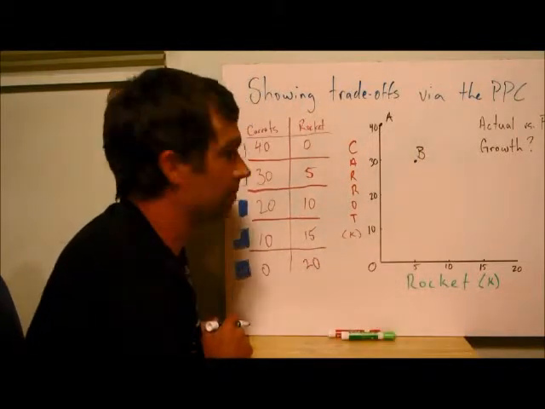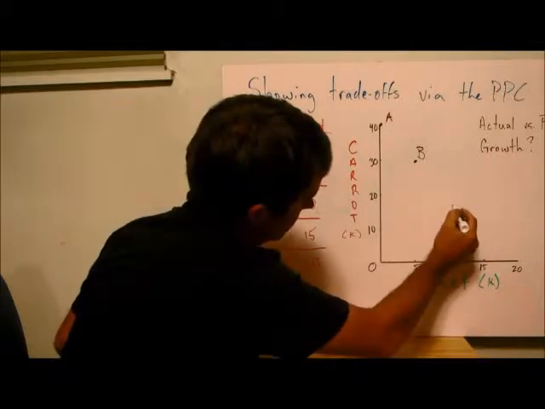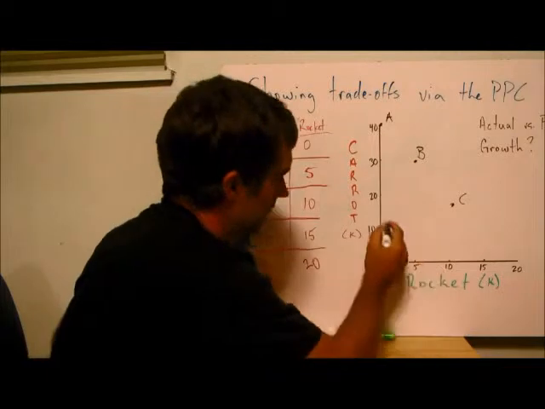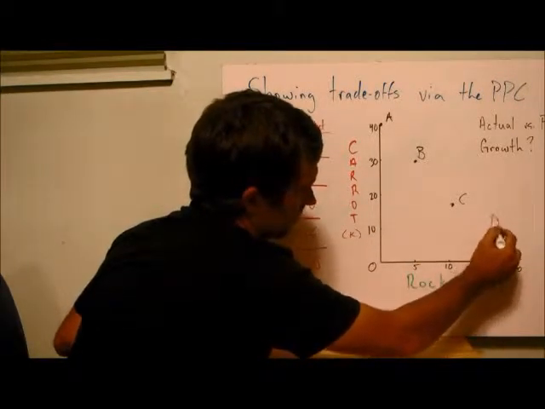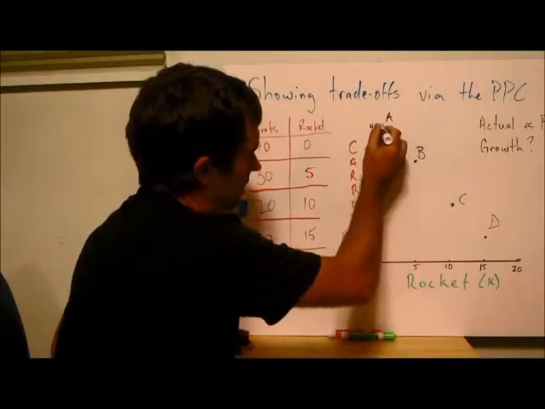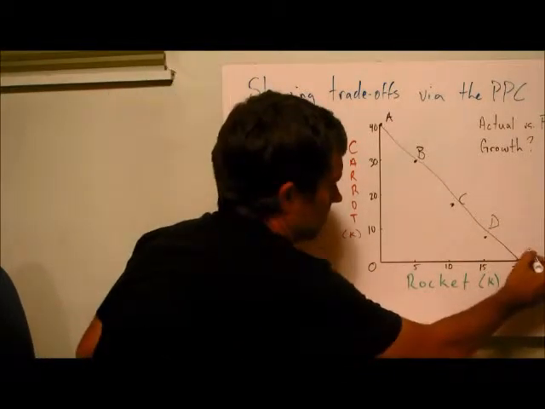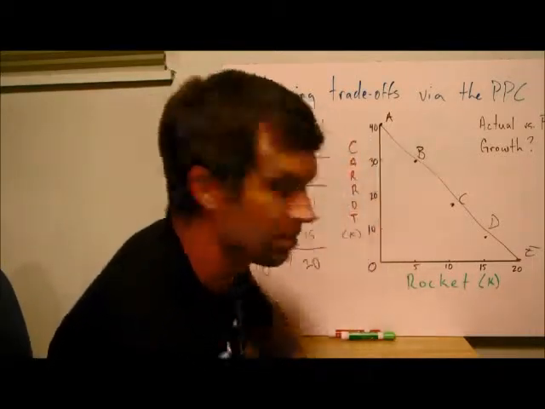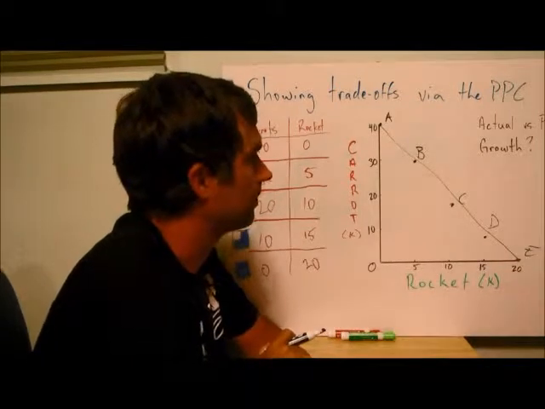We'll call that point B. The next is 20 and 10. 10 and 15. And then our final point there. Okay, so those should all connect on a relatively straight line. I was a little bit off because I'm doing it from the side here, but that's how it should look.